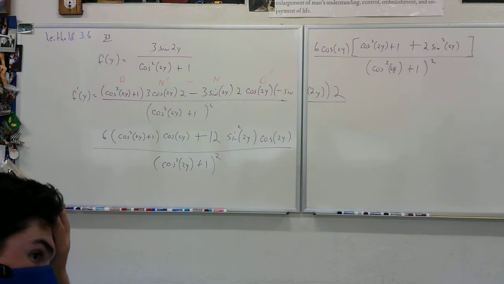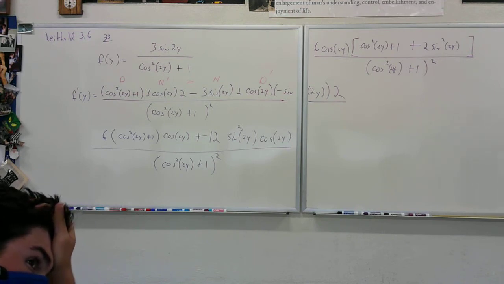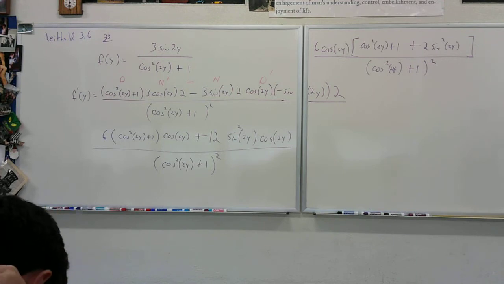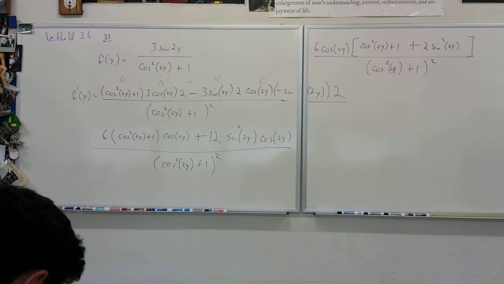Number 33. We will cursor down and see how close we are to what Leithold says we should have. He says we should have 6 cosine 2y in the front, and then he says the part in parentheses does simplify a little bit. And he changed it all into sine squared.